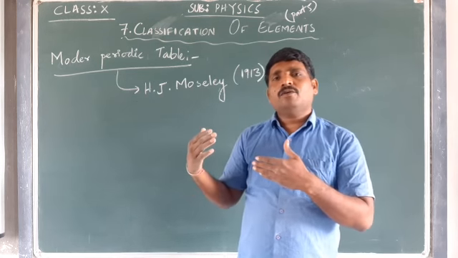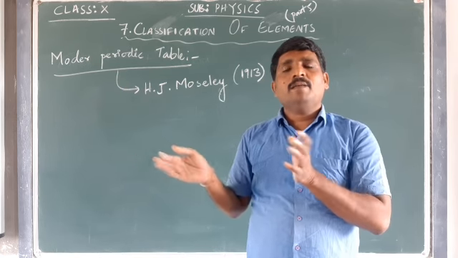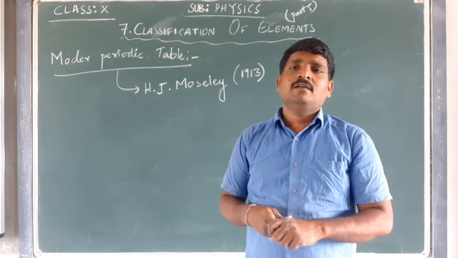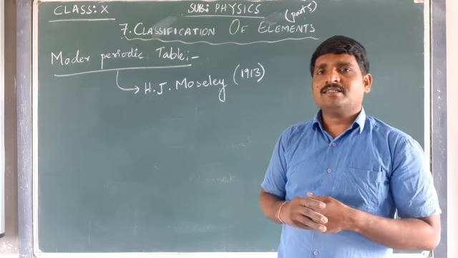To make it so, Dobereiner proposed the law of triads, that is, three elements as a group, and it failed whenever it came to the last end of the list, because that was not following the triads rule.